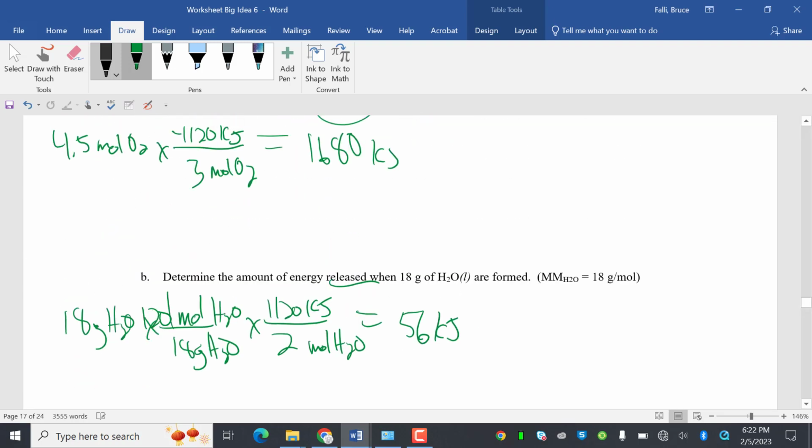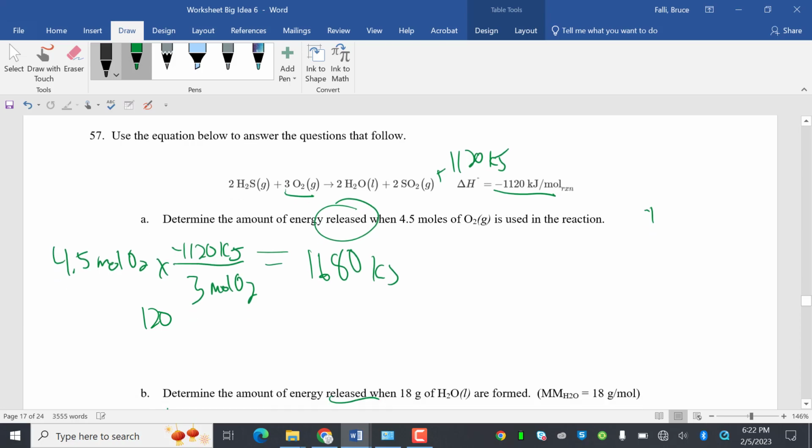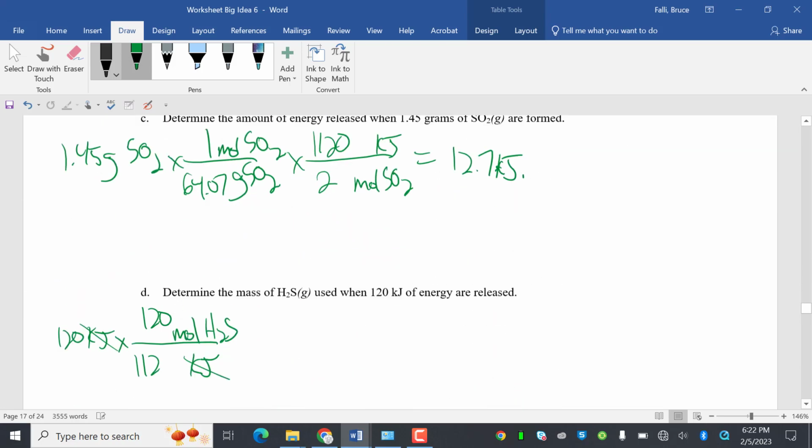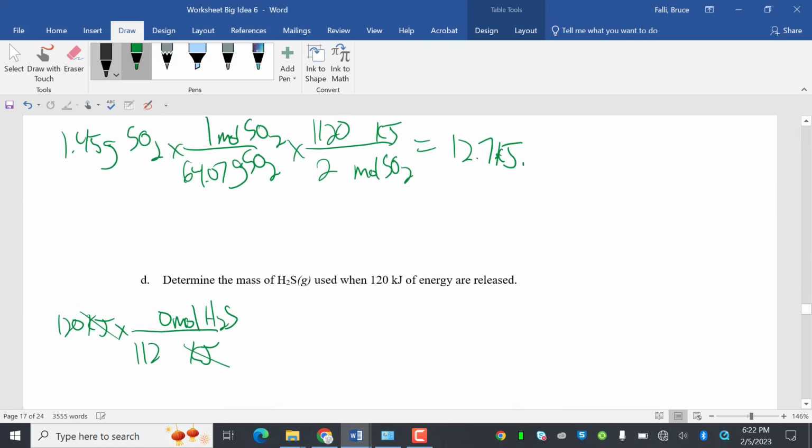The coefficient for H2S is 2. So that's 1120 and this is 2. Determine the mass used times a dividing bar, 1 mole of H2S. Go to the periodic table for H2S: 32.07 plus 2.02 is 34.09.